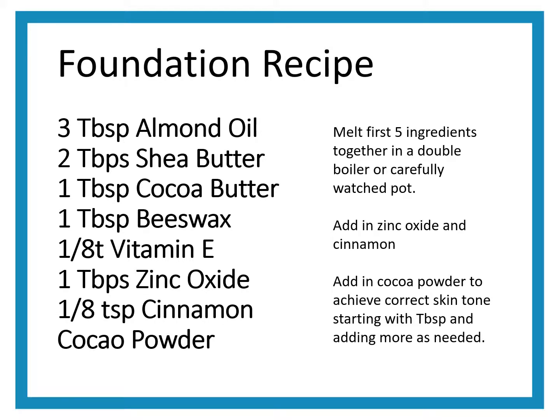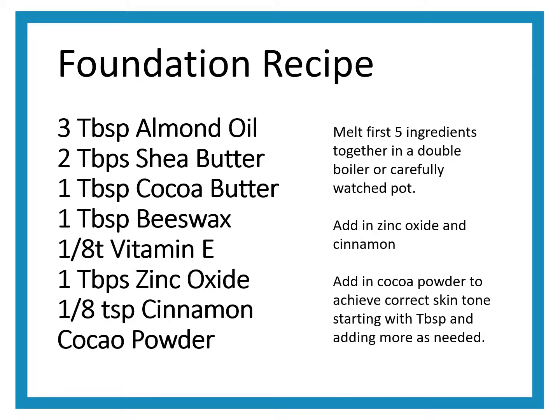The way that you are going to make it, and the way you're going to make a lot of these different recipes, is you are going to melt your butters and your oils together to start off with. And then you are going to begin to add in the powders to get the shades that you want. You start with zinc oxide. Zinc oxide tends to be the foundation in your foundation. You can add a little bit of cinnamon, which warms up the tone of the foundation a little bit.